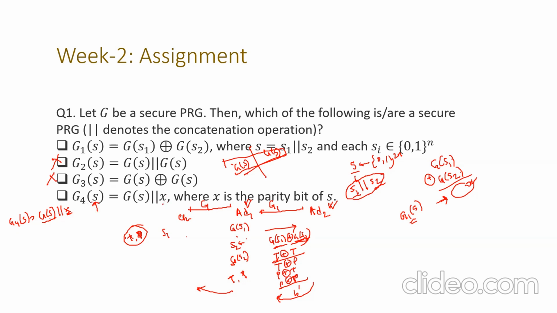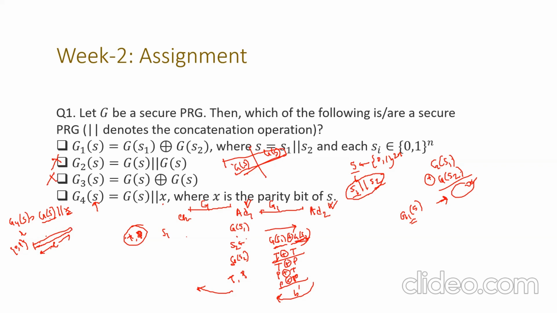Because S is a random string, if your seed is chosen from an L-length bit space, S is a random string of length L. Now, what is the parity bit? It is the number of ones present in the binary string, modulo 2. If there is an even number of ones in this L-bit string S, then your parity bit is 0.